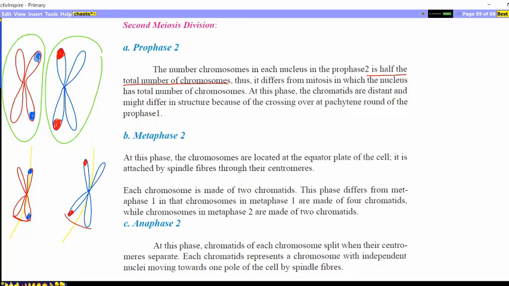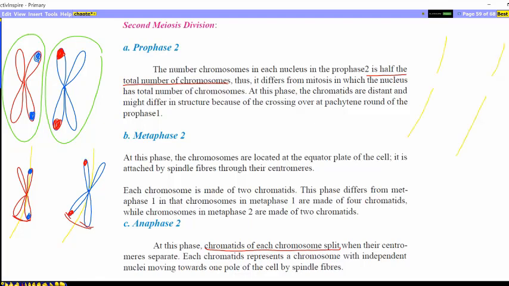Anaphase 2. At this phase, chromatids of each chromosome split. We said chromatids of each chromosome, but we don't use the term sister chromatids because they are no more sisters. They are different in structure because of crossing over. When their centromeres separate, each chromatid represents a chromosome. After they part from one another, we draw them in this shape.